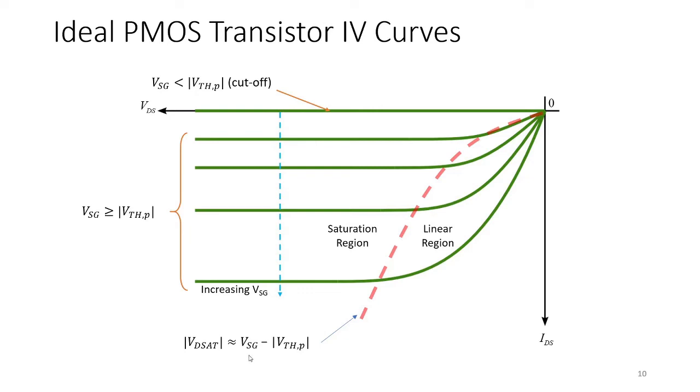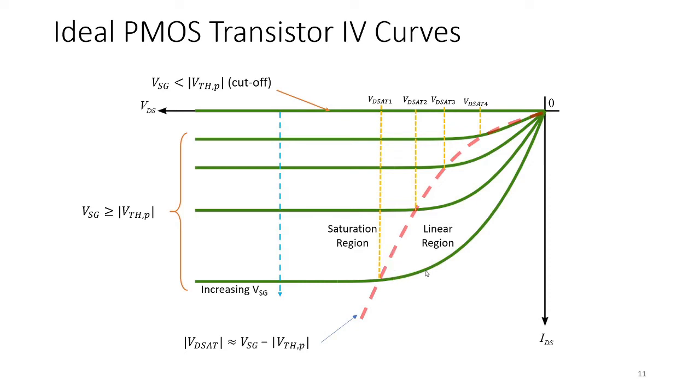It is approximately equal to VSG minus the threshold voltage of the PMOS. Just like earlier, the assumption will not be valid at very low values of VSG, so this approximation usually only applies when VSG is relatively high.